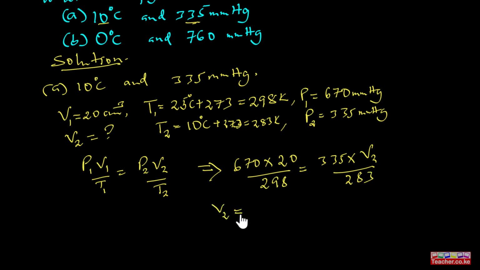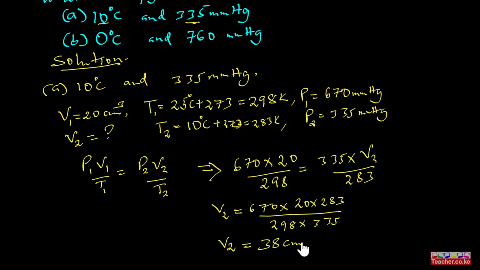So if we work out to make V2 the subject, we will have V2 equals 670 times 20 times 283, all of them divided by 298 times 335. So if you work this out in your calculator, you will have your answer as 38 cubic centimeters.